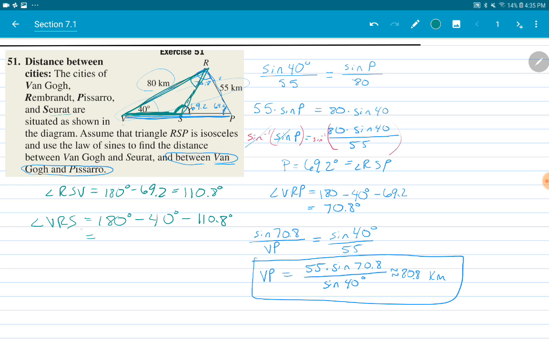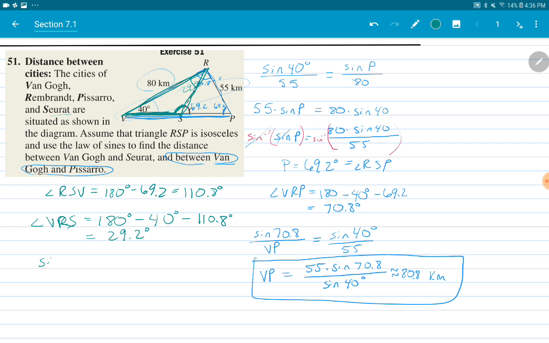And that gives us that little angle VRS is 29.2 degrees. Okay, so now we got something to work with. We need to get that side that's across from that 29 degree angle. That's right here.